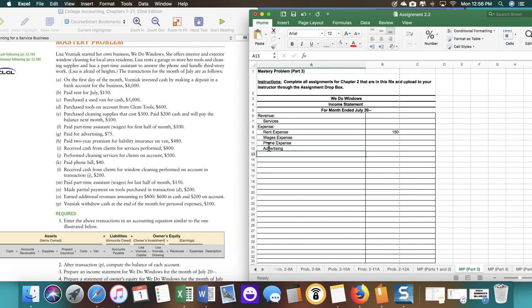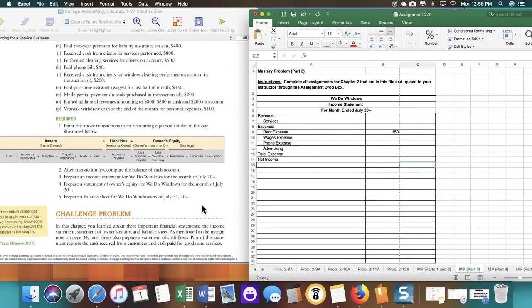So then you're going to total the amount of expenses, and you're going to list it. And then you're going to have the net income. To find the net income, you're going to add the revenue accounts and subtract the expense accounts, and that's going to give you the net income.